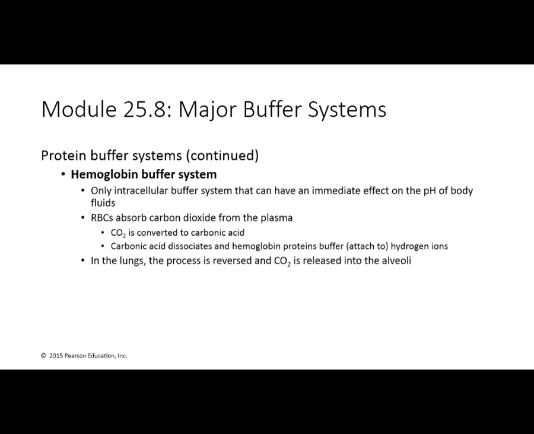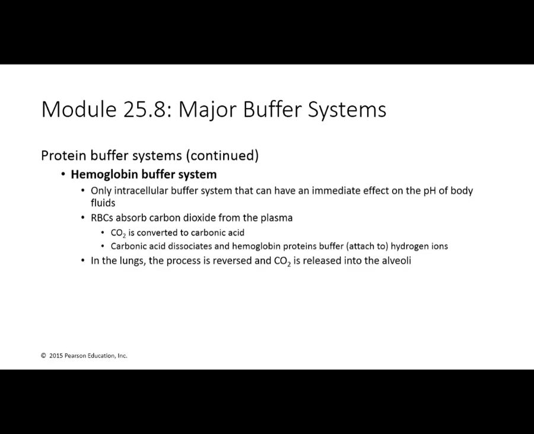Hemoglobin also can do this. It's the only buffer system that has an immediate effect, and of course, hemoglobin is only found in red blood cells. And so that's limited, of course, you have billions of red blood cells, but this is important because what cells are carrying some CO2 in your body? Some red blood cells are carrying CO2 on hemoglobin.